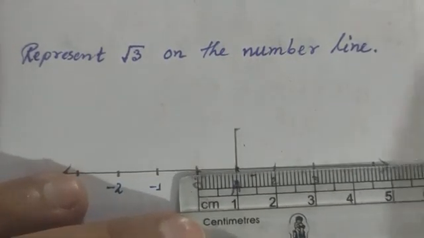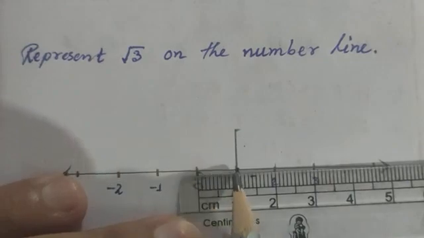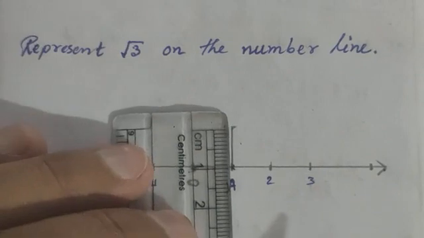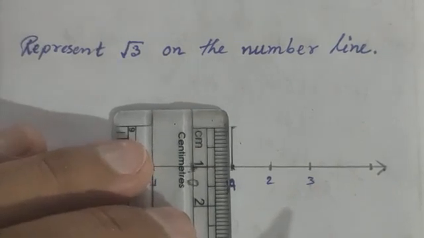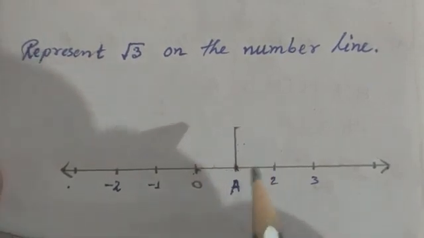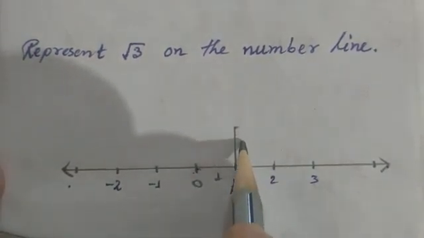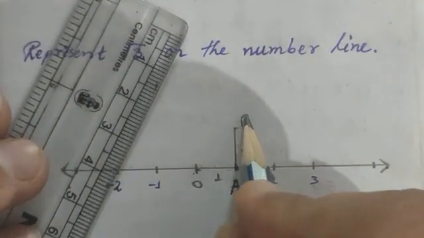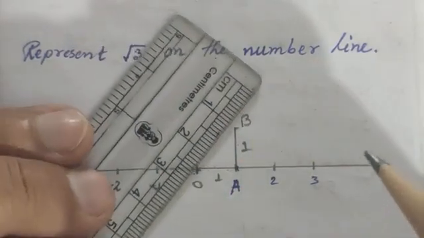Is it 1 unit? Yes. From 0 to 1, this is 1 unit, and the upper side also it is 1 unit. So on this side you have to take 1 unit each. Clear? Now let us name this point as B and join OB.